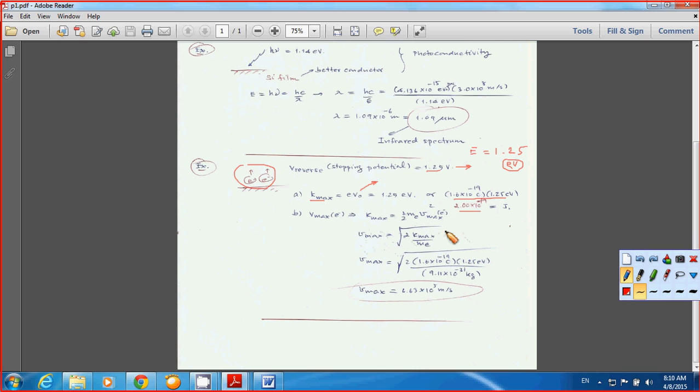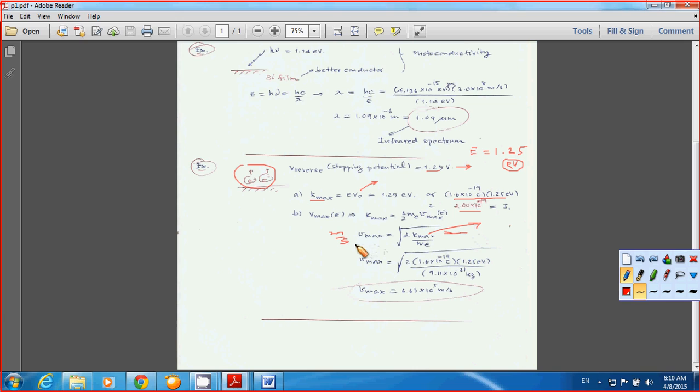Now you take a look at the equation right here. For V, you want the unit to be meter per second, right? This is the SI unit. And then our me, you know that this is in the unit of kilogram, right? 9.11 × 10 to the negative 31. But what about Kmax? What unit are you going to use?